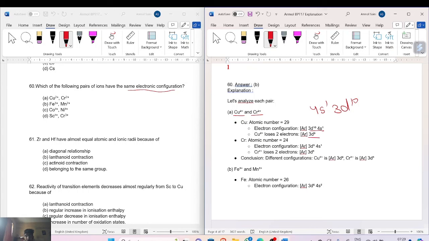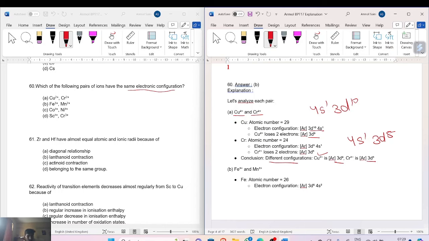Now for Cr2+, first of all we will write for Cr, which is 4s1 3d5. Now when we lose 2 electrons, it will become 3d4. So the electronic configuration will be different here, because one is 3d9 and the other is 3d4.